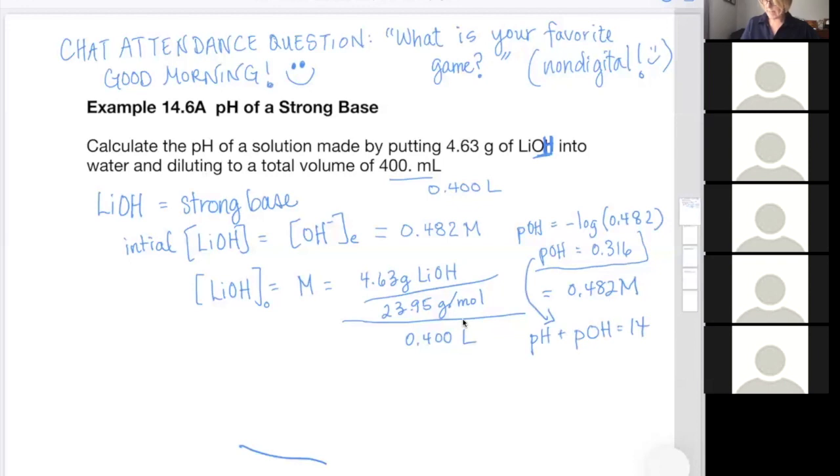So if we take 0.316 and set it up in that equation, since we know what pOH is, we can easily find the pH. It's just taking the 14 and subtracting the 0.316. So you get 13.68, the answer to this problem.